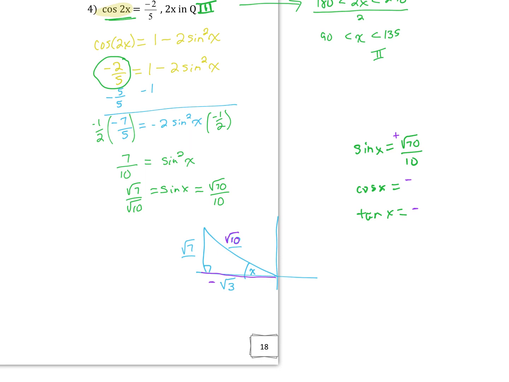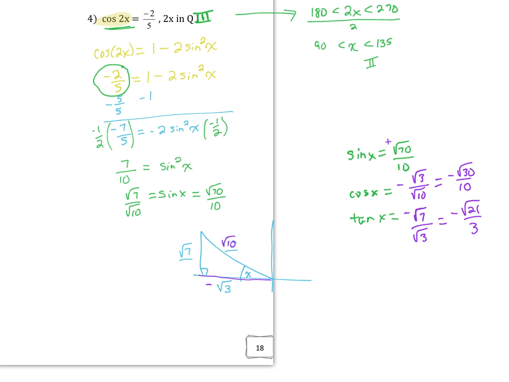So now our cosine value is negative root 3 over root 10. We need to rationalize that. And our tangent would be root 7 over that negative root 3. So when we rationalize that, we get negative square root of 21 over 3.